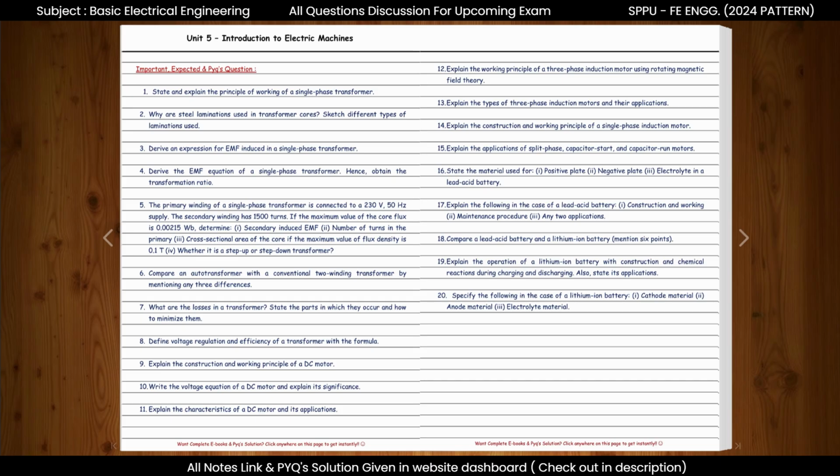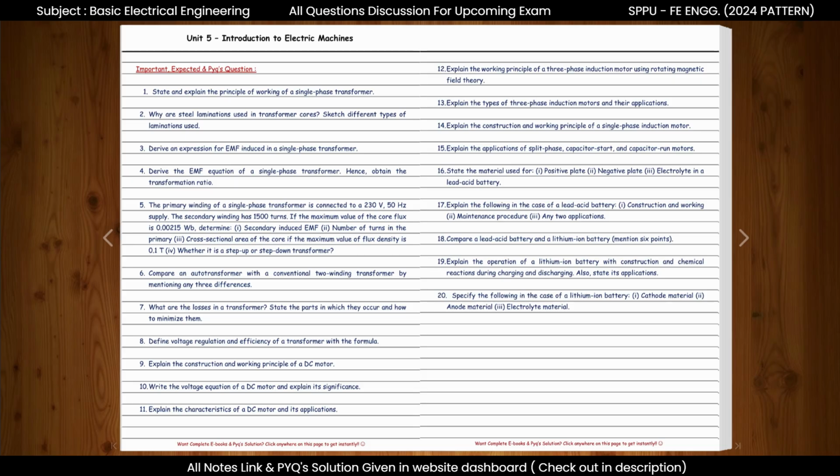The equation is E equals 4.44 times frequency times number of turns times maximum flux. The transformation ratio is the ratio of primary voltage to secondary voltage and it equals the ratio of primary turns to secondary turns. This ratio tells us whether the transformer is step up or step down.